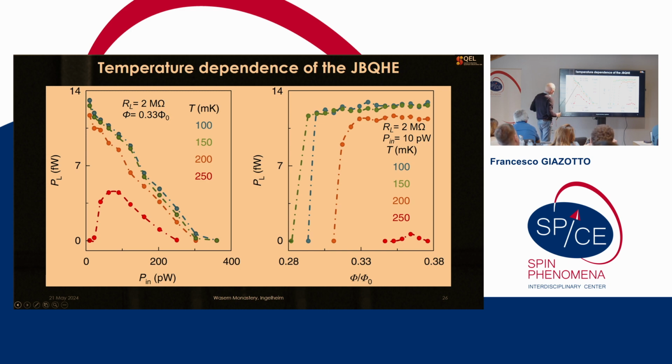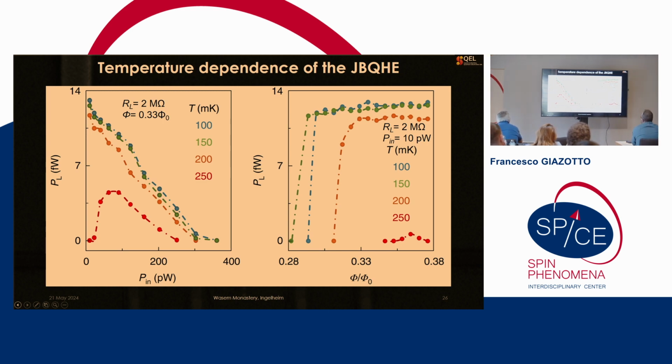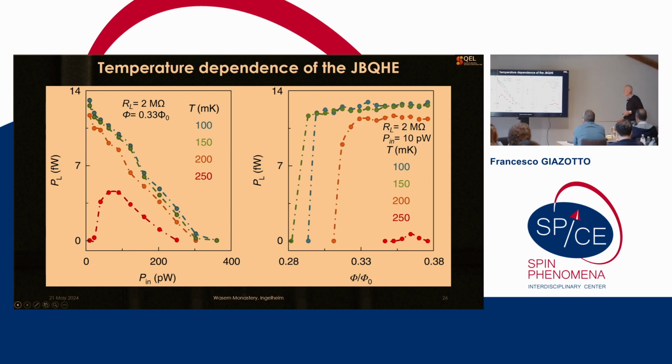How does it behave in temperature? The temperature of the lattice is another important parameter, because by increasing the temperature, you increase the electron-phonon coupling in the system with the acoustic phonons. So there is more relaxation of the electrons with the lattice phonons. In general, by changing the lattice temperature, here we fix just the phase across the interferometer. We fix the load. We measure the power dissipation in the resistor as a function of the input power.